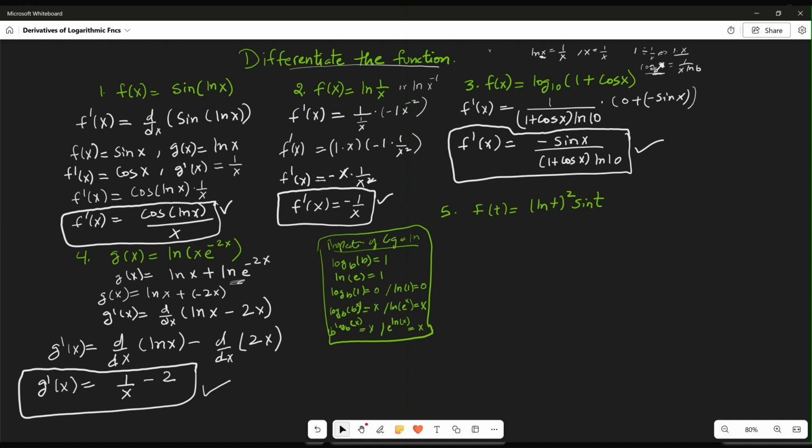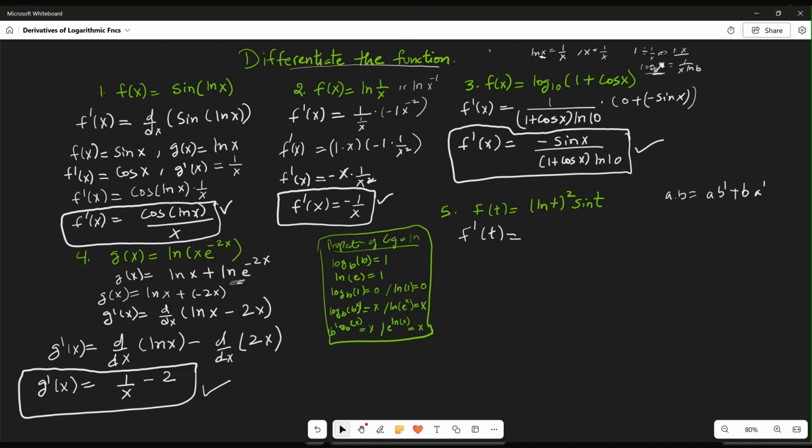Okay, let's look at number 5 now. This function f of t is equal to natural log t squared times sine t. Let's apply the product rule here. I think it would be easy. Derivative of this function, a times b, remember, is a times derivative of b plus b times derivative of a.